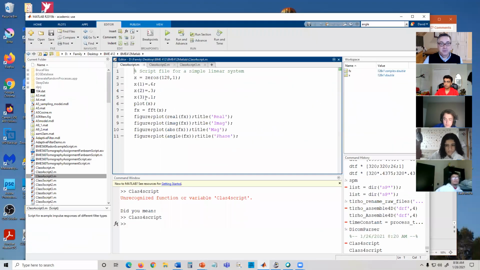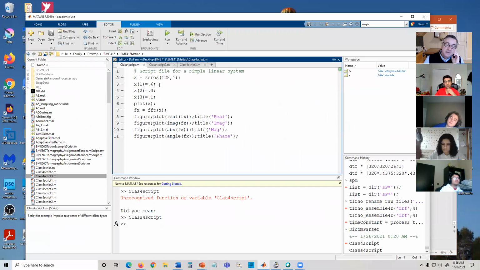So we pop over to MATLAB. The scripts that I use for examples in MATLAB will generally be found on the website. This one's very simple.